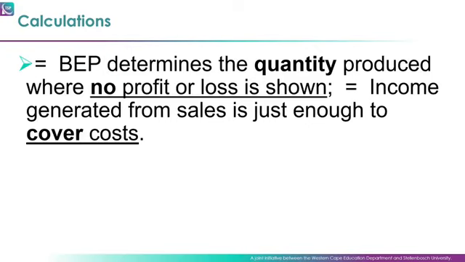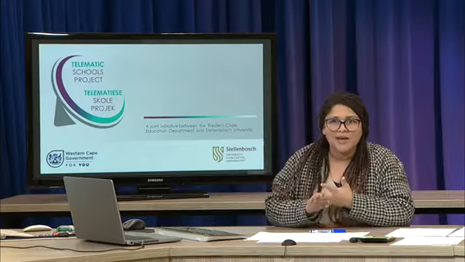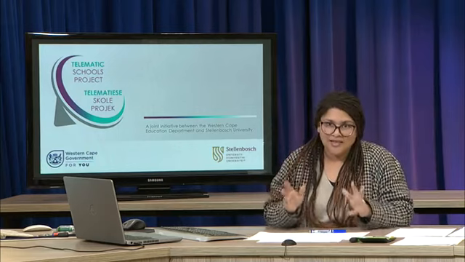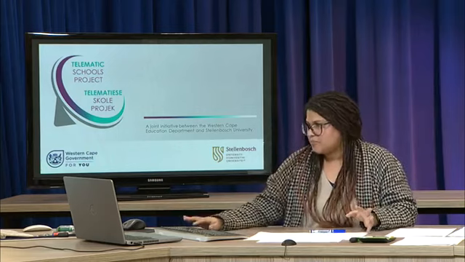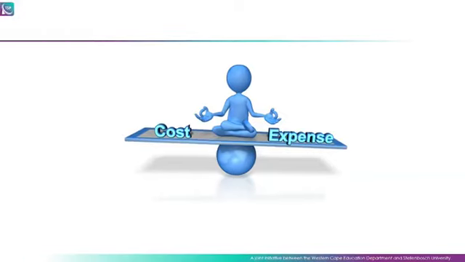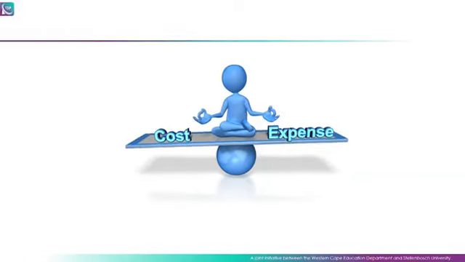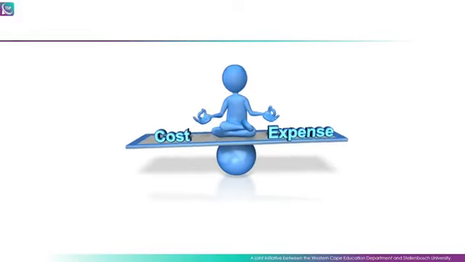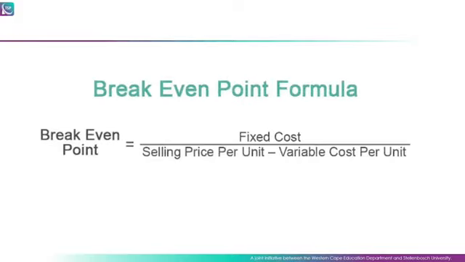So how many items must we produce in order to cover our costs, in order to pay our workers, in order to pay water and electricity, in order to pay rental, etc. We want to know how many items we need to produce, right? So it's that balance. How much must we sell in order to cover our expenses, right? So this is your break-even formula.